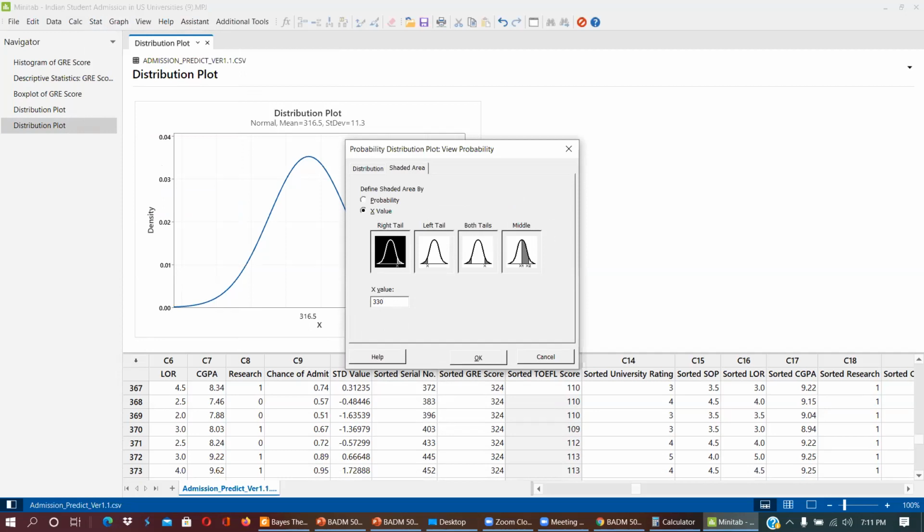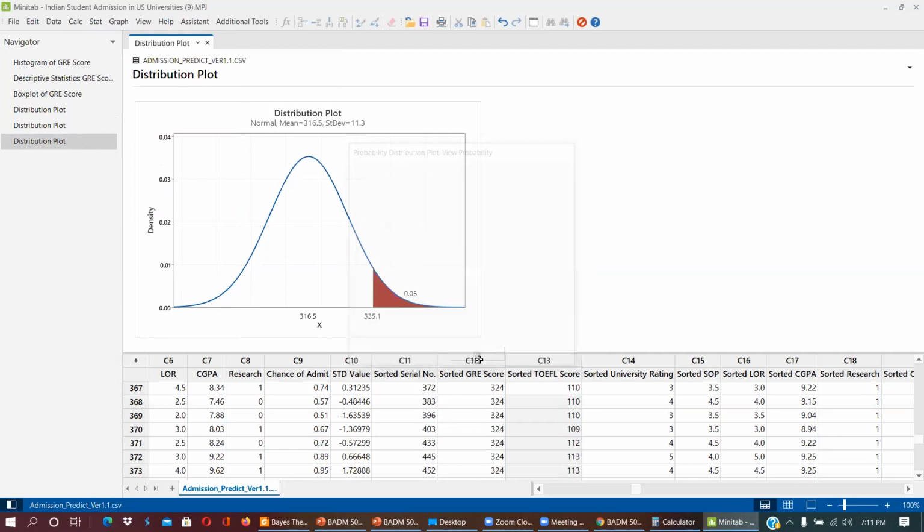I would like to know in what percentile I am. Okay, 330 is here. So how much? 11.61 is here. Roughly you can say 88 percentile is here. So I can say I'm in roughly the 88 percentile of the entire GRE.